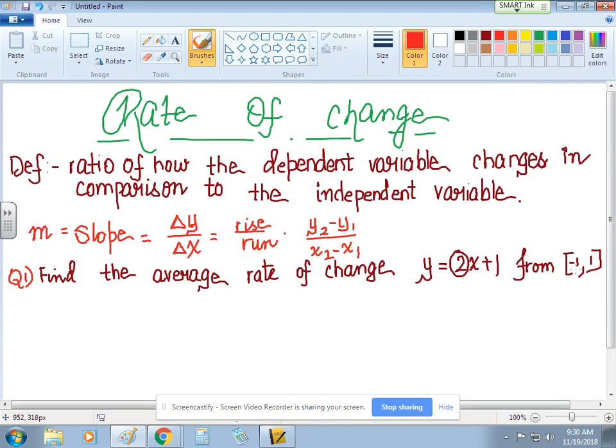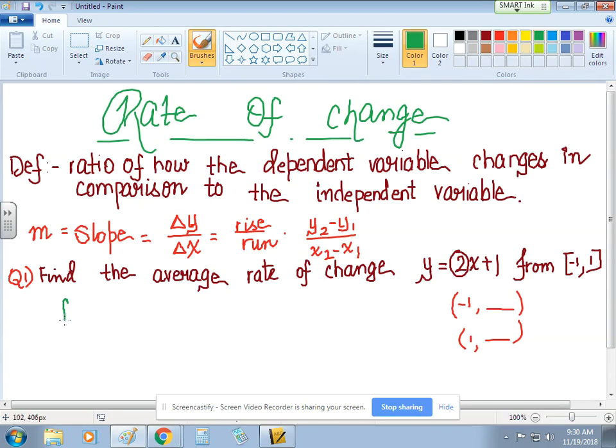So here you have your first x and your second x, but the problem is you do not have your first y and your second y. So let us first set up our work like this, -1 and 1. We do not have our y's, so we need to find the value of y when x is -1. How do we find it?